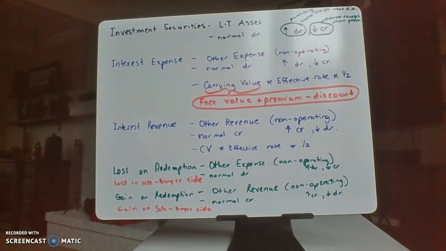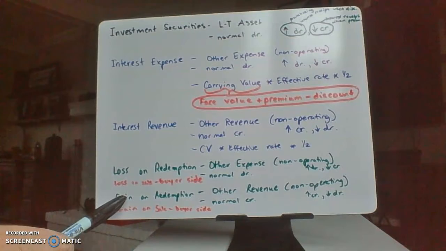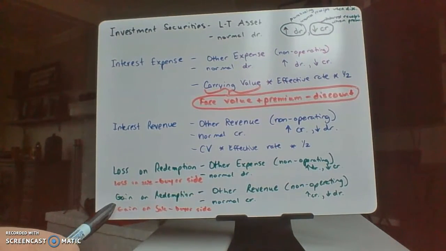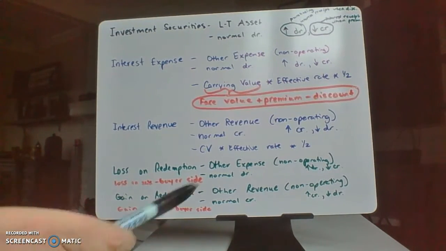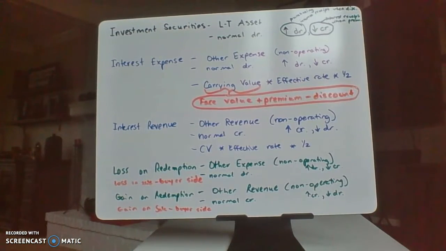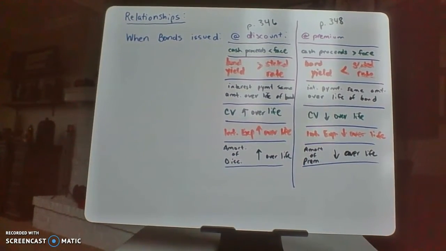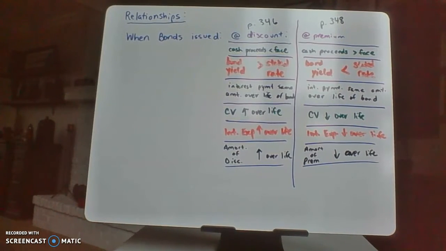And that loss is an other expense as well. And then I can have a gain on redemption as the issuer, which is other revenue with a normal credit, or I can have a gain on the sale if I'm on the buyer side of the transaction. So just depending on which side. So being able to classify all of them is quite important. So that was all of the different accounts that we got that are new.